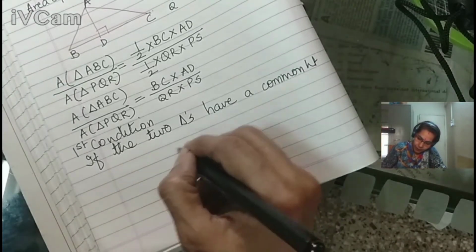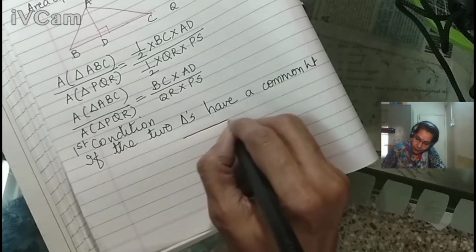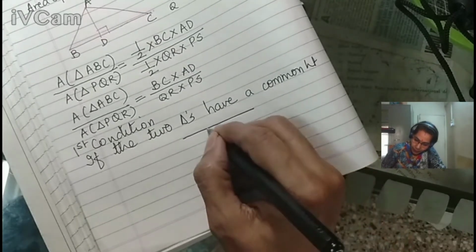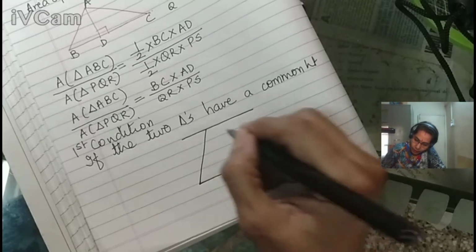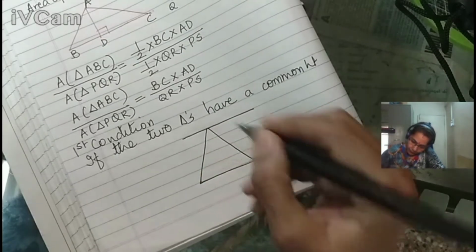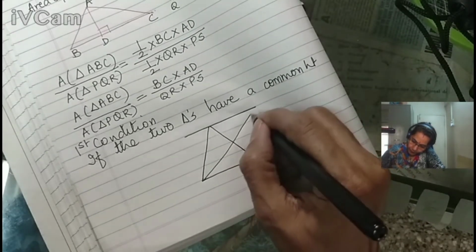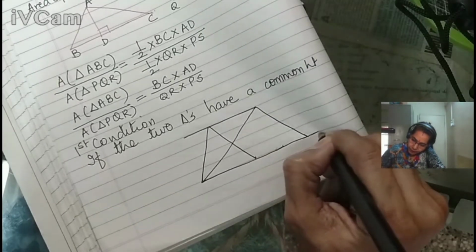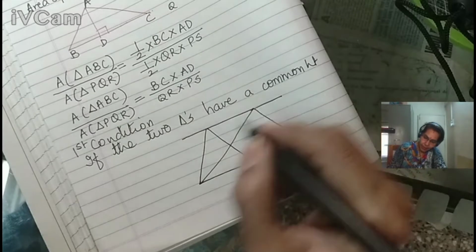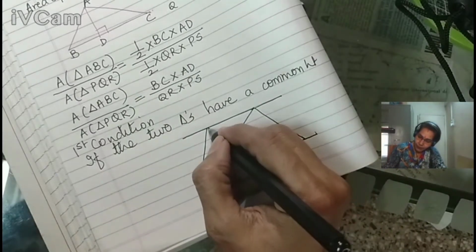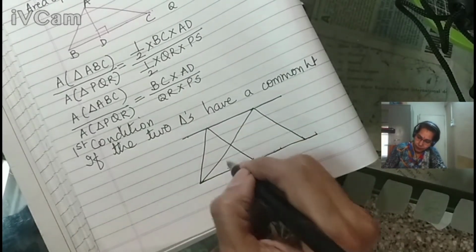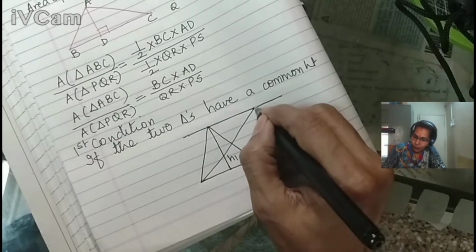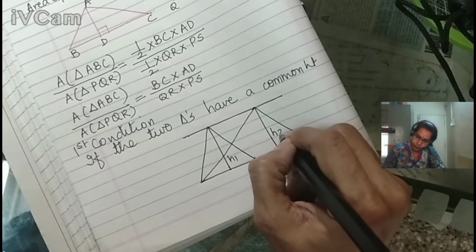This is possible when the triangles lie between two parallel lines, or otherwise the given heights are the same. When I talk about two parallel lines, the height remains constant. So H1 is equal to H2.